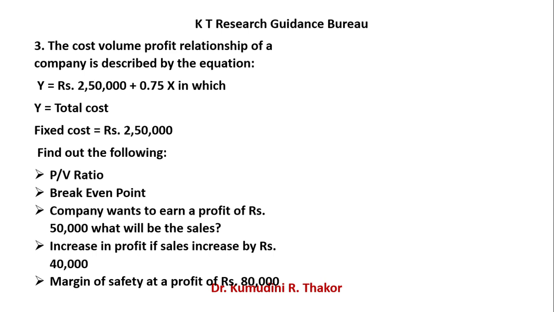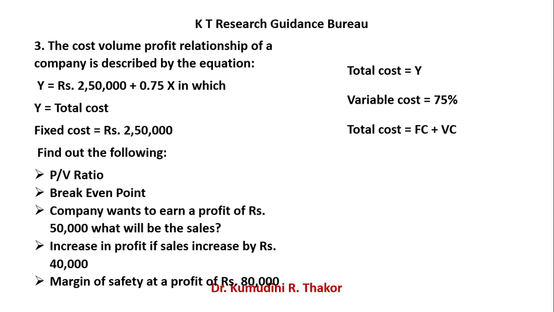First is PV ratio. Orally I taught you. If it is 0.75, meaning 75%, then PV ratio is 25%. So no need to do any calculation for that one. Total cost equal to Y. Variable cost 75%.